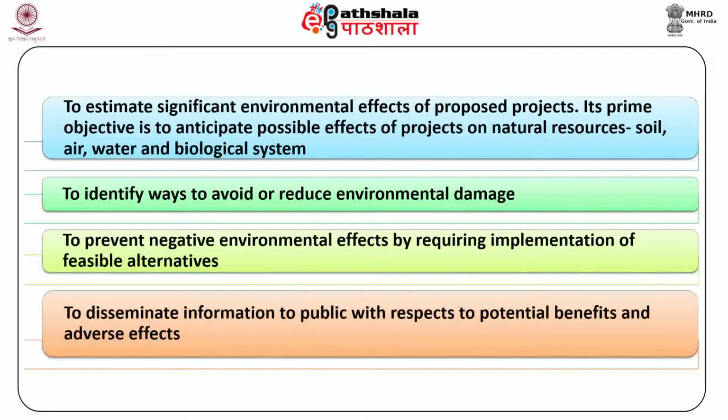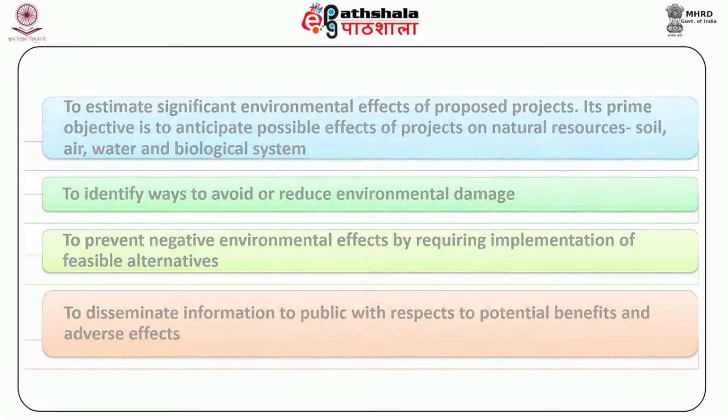To identify ways to avoid or reduce environmental damage. 3. To prevent negative environmental effects by requiring implementation of feasible alternatives. 4. To disseminate information to public with respect to potential benefits and adverse effects.